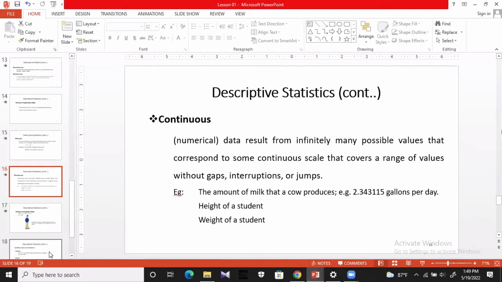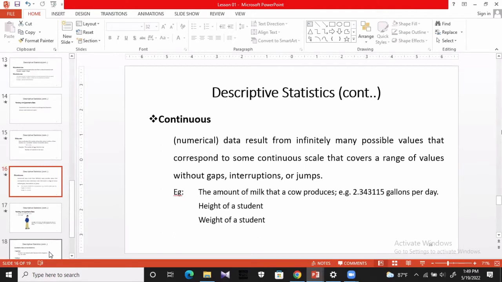Continuous data is numerical data that results from infinitely many possible values that correspond to some continuous scale that covers a range of values without gaps, interruptions, or jumps. So do you understand it? What do you mean by continuous?